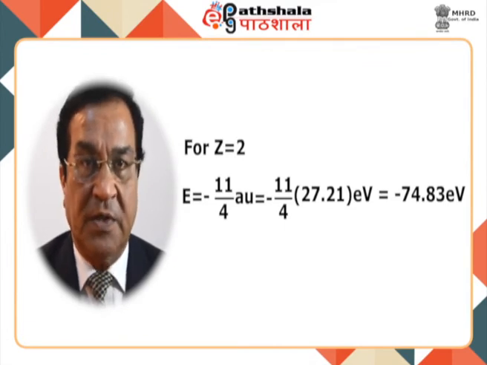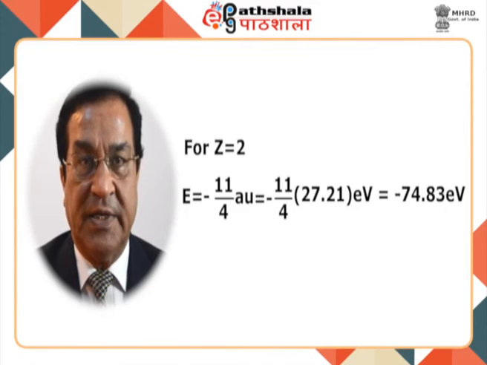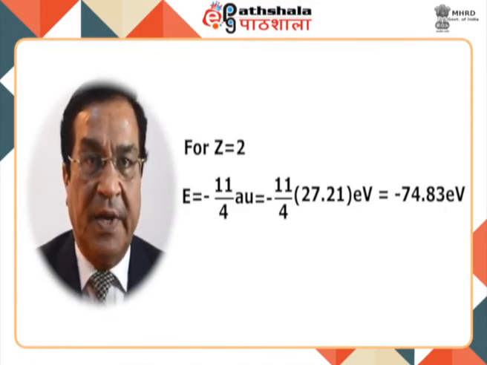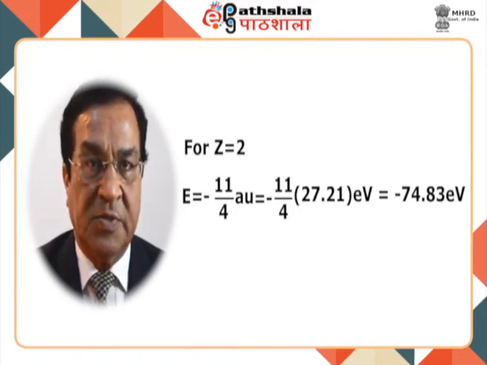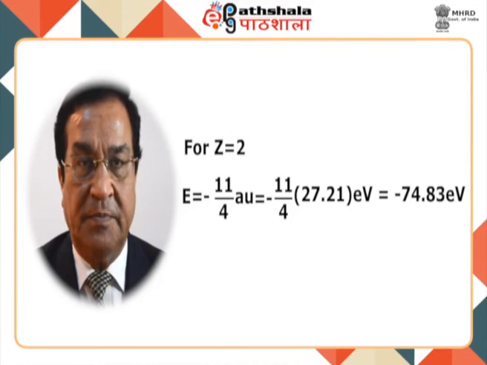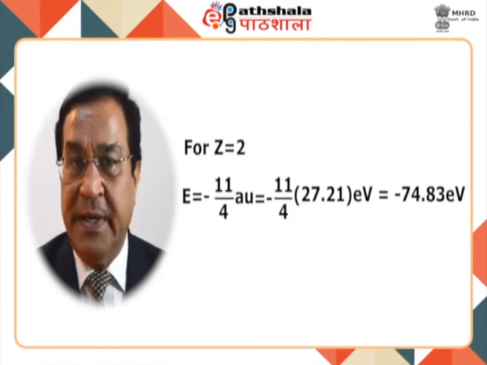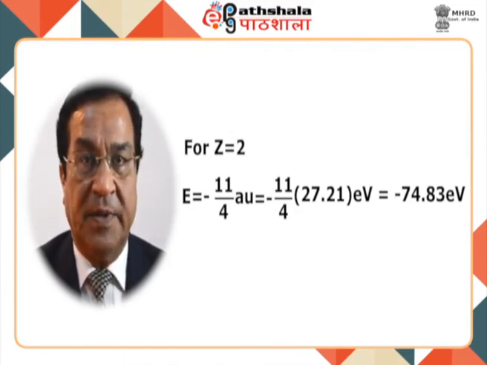This problem was difficult or impossible to solve because of the interelectronic repulsion term. Here also we applied time-independent perturbation theory and split the Hamiltonian into two parts. One was the Hamiltonian of the unperturbed part, and then there was a first-order perturbed Hamiltonian, which was the interelectronic repulsion term.